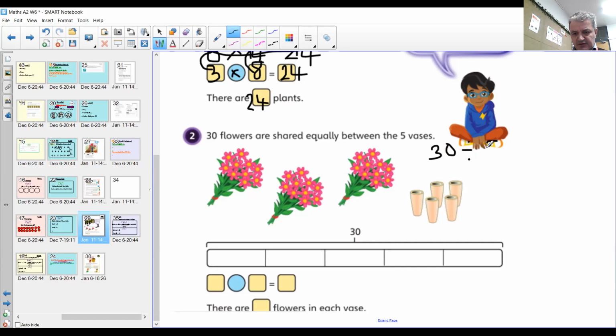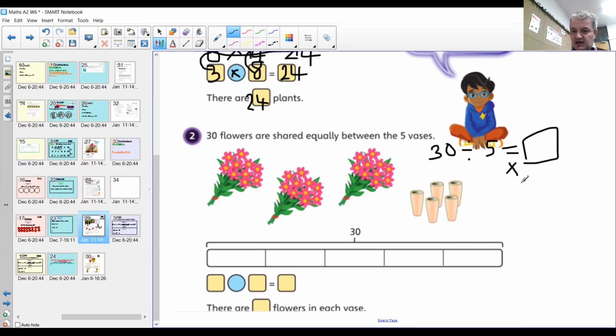30 divided by 5 equals this number. Now, I can use my knowledge of the times tables to go: missing number times 5 equals 30.